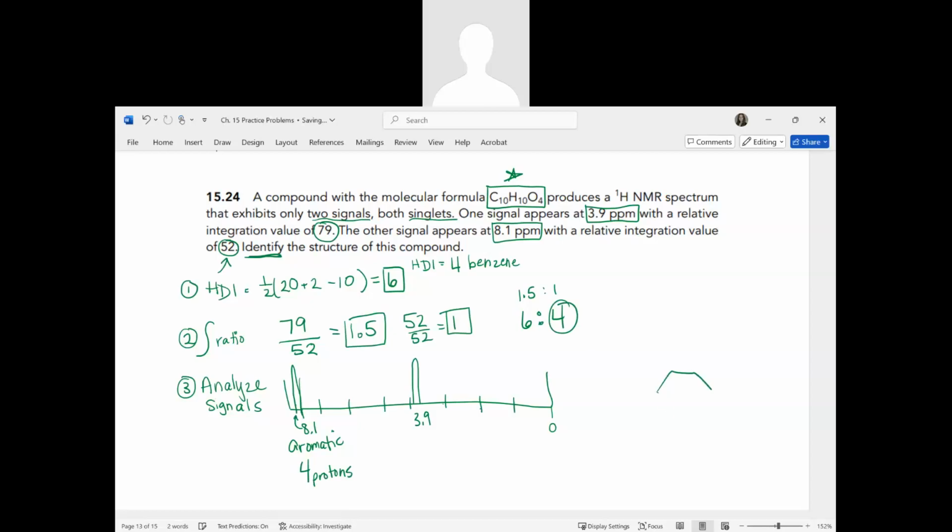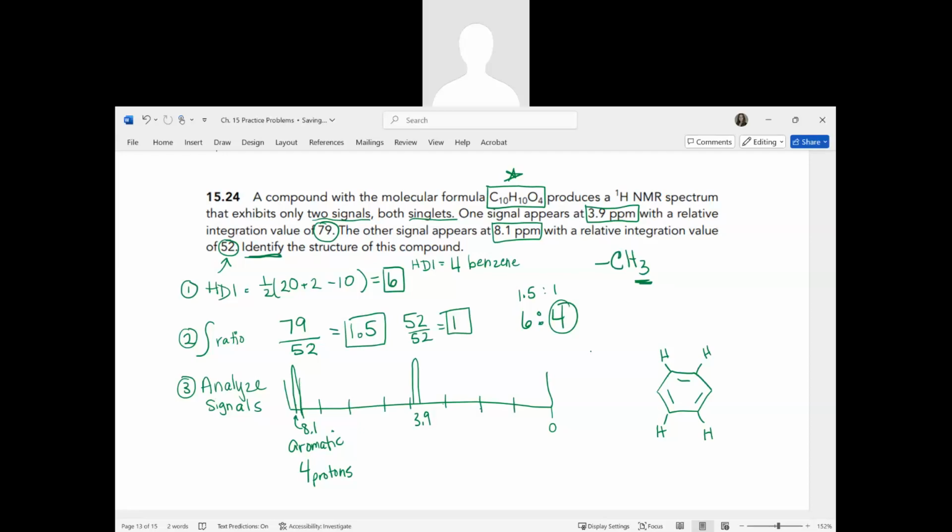So we have our benzene ring here, and it has these 4 protons giving rise to that signal at 8.1. And then we still have those other 2 degrees of unsaturation to consider. When we think about the other singlet, which has an integration of 6, this could represent 2 symmetric methyl groups to give us those 6 protons as a singlet, and therefore they would not have any neighbors.